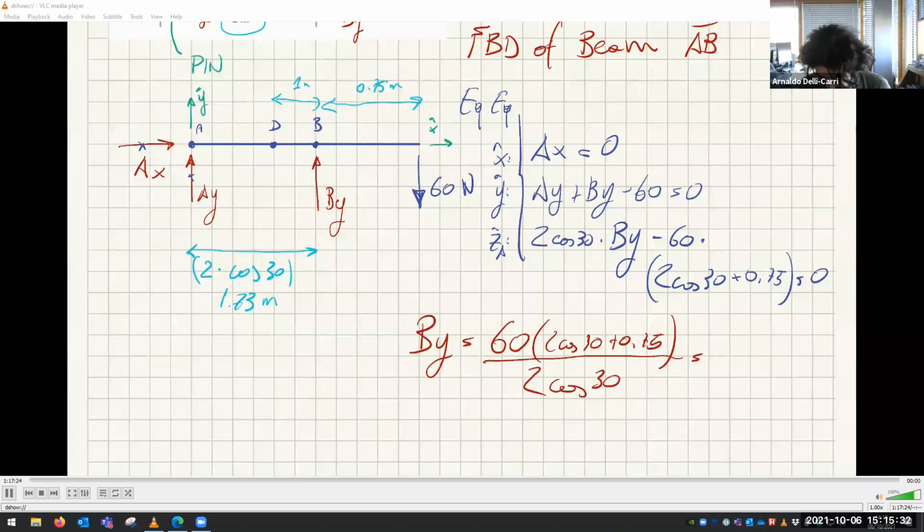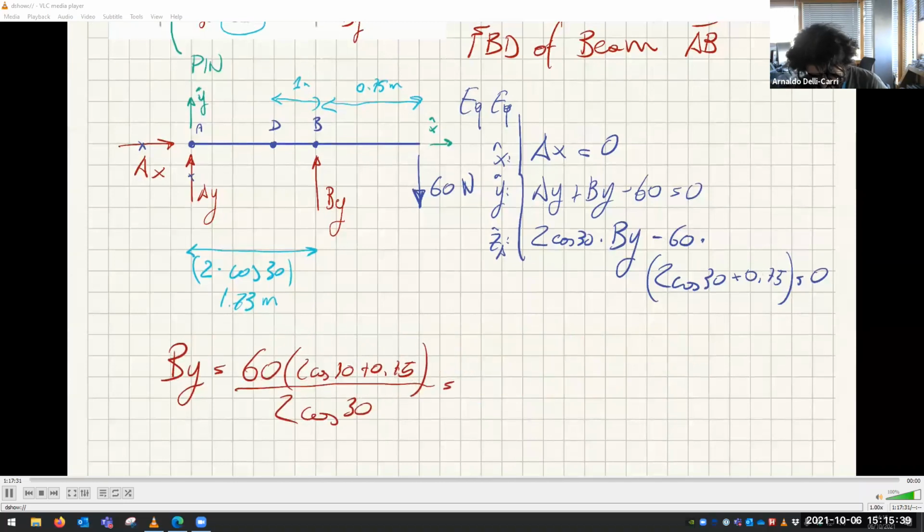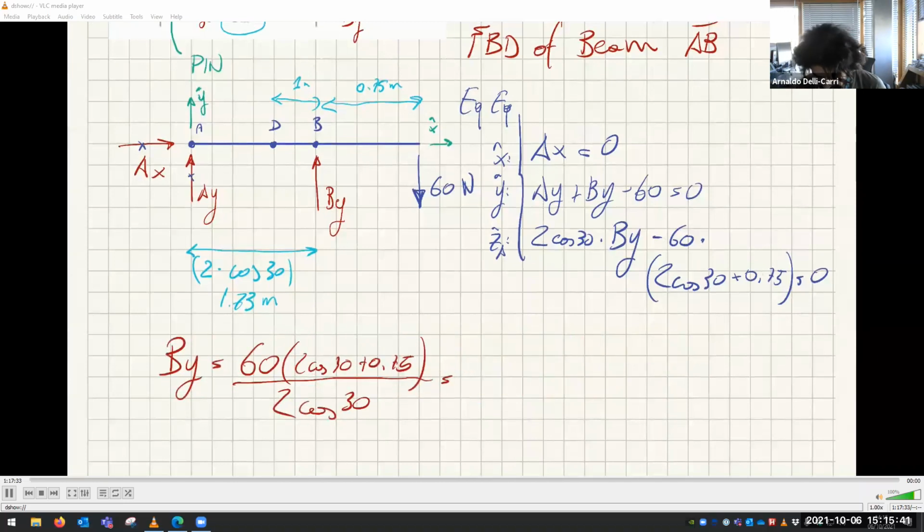So it's 60. Two times cosine 30, as we said, is 1.73.